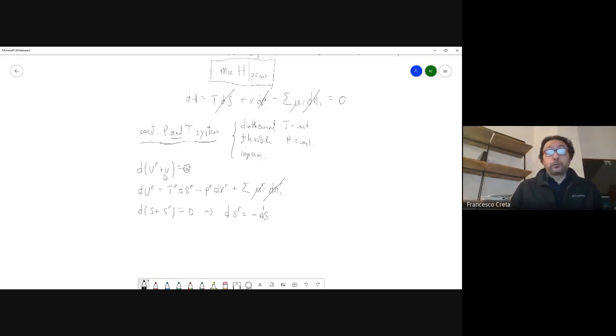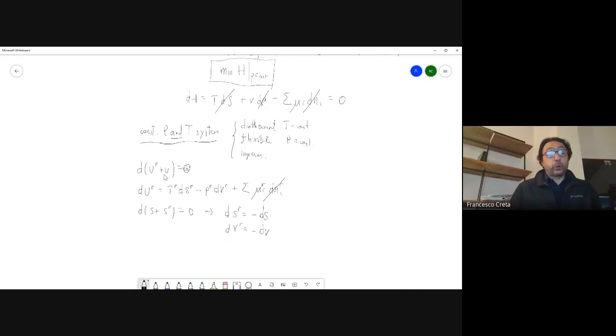As before, because the inner walls of the system of interest are flexible, dVR is equal to minus dV. So you see what I'm doing: I'm trying to express all of the reservoir quantities in terms of the inner quantities.